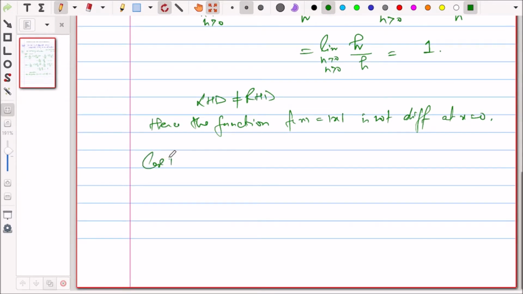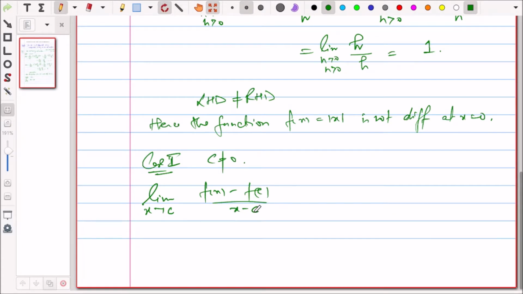Now case 2, c not equal to 0. Now we have to show that it is differentiable at c. So we will start with limit x tends to c, f(x) minus f(c) upon x minus c.